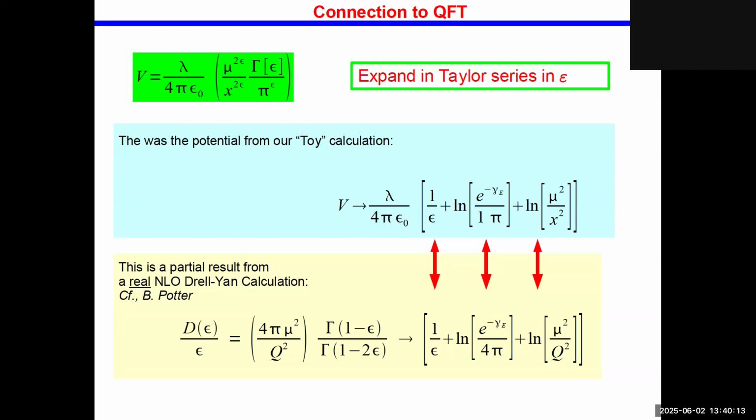Now, if you do a next-to-leading order Drell-Yan calculation, if you look in this reference or in the CTEQ handbook, what you'll find is this is the partial answer. If I expand that out, you see that it has exactly the same form. It has the 1 over epsilon singularity. It has this log with the pi and the Euler gamma and the log of the scales.